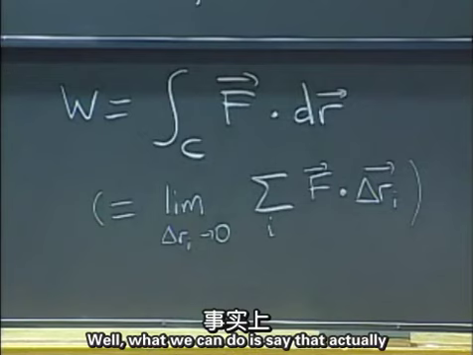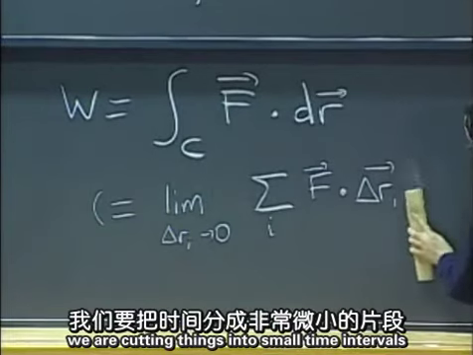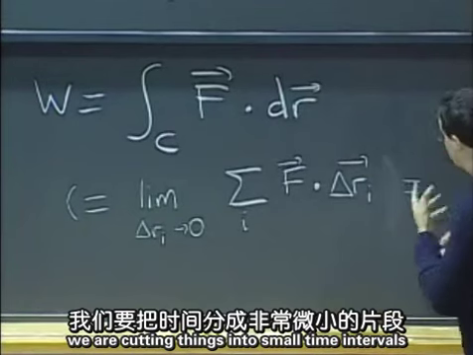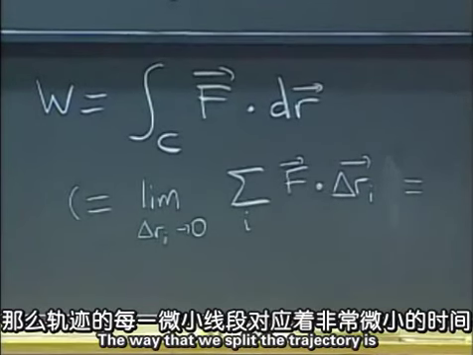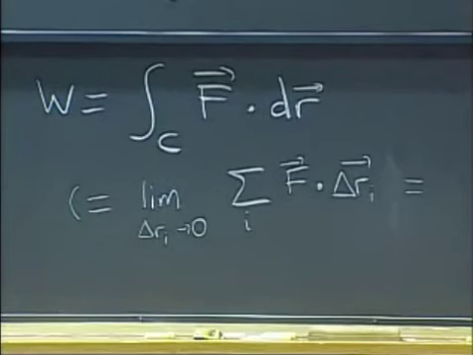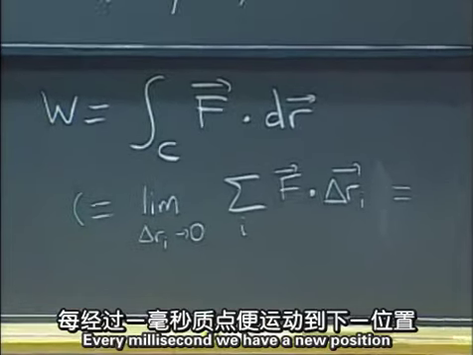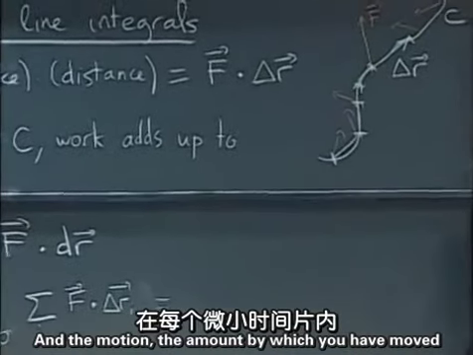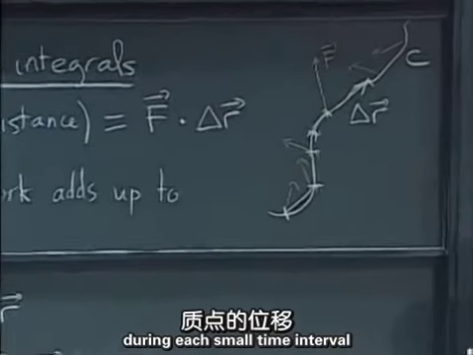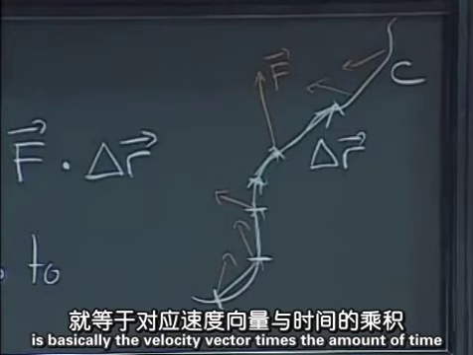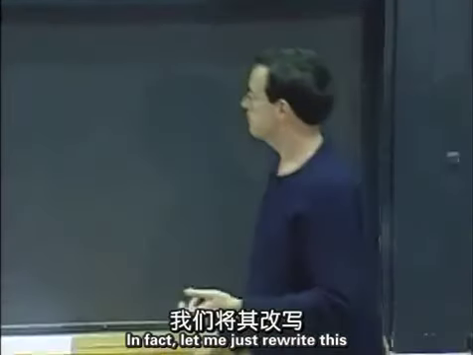Well, what we can do is say that actually we are cutting things into small time intervals. So the way that we split our trajectory is we just take a picture every, say, millisecond. So every millisecond we have a new position. And the amount by which you have moved during each small time interval is basically the velocity vector times the amount of time.